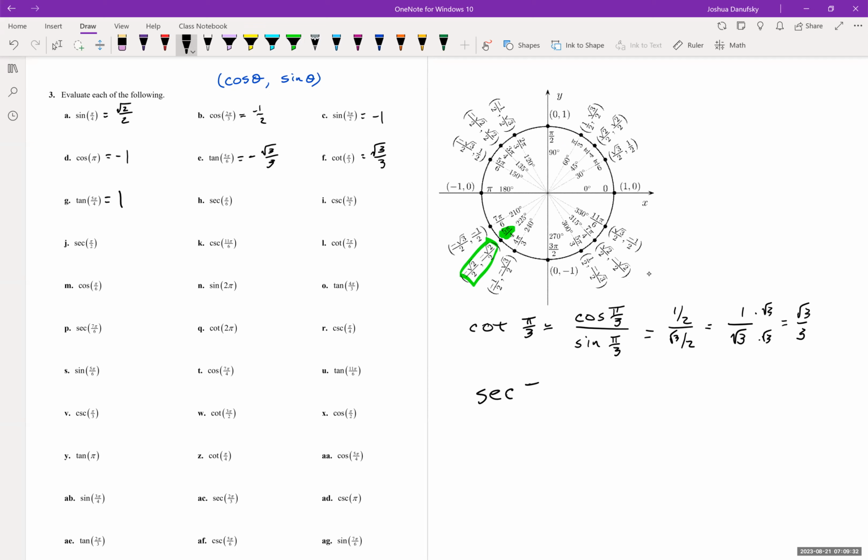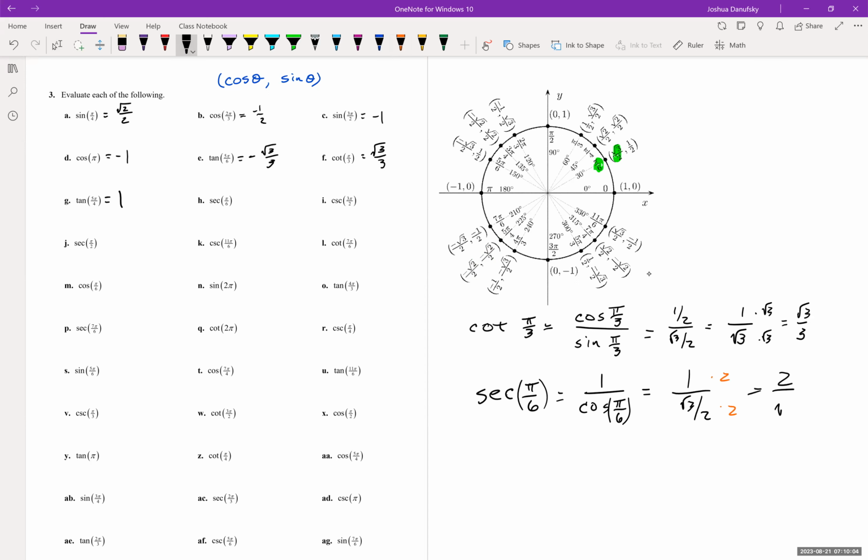Next is the secant of pi over 6, which is 1 over the cosine of pi over 6 from our work above, right? That was when we were looking at the reciprocal identities. So pi over 6 is right here. And the cosine of pi over 6 is the x value. So we've got 1 over √3 over 2. And again, I'm going to get rid of the fraction in the denominator by multiplying both top and bottom by 2.